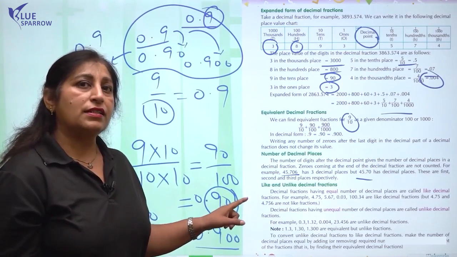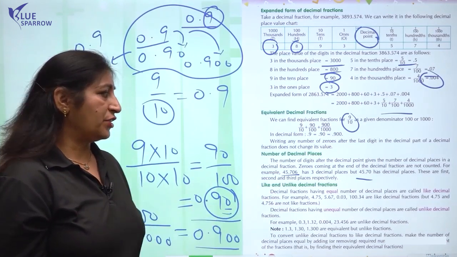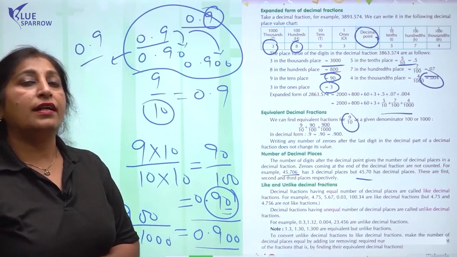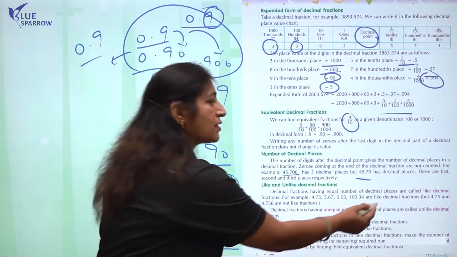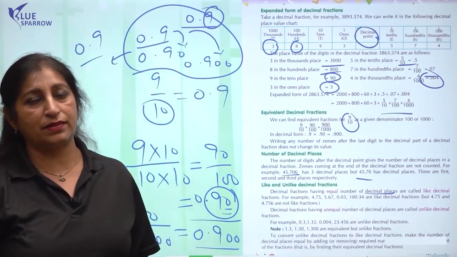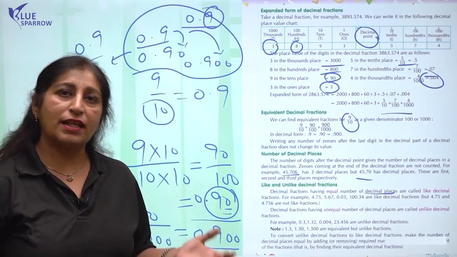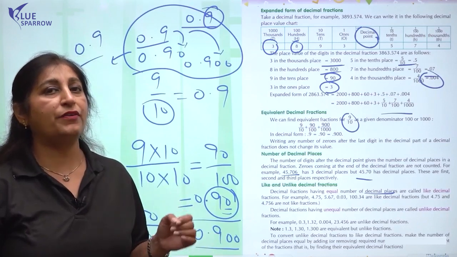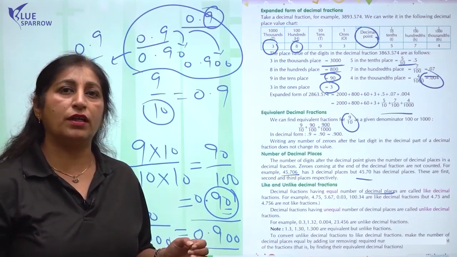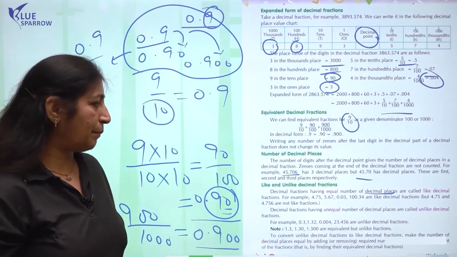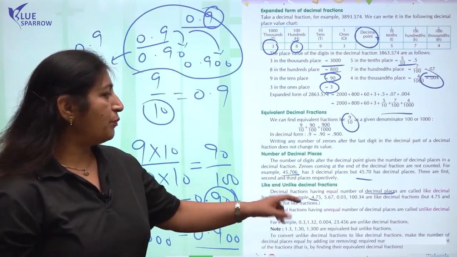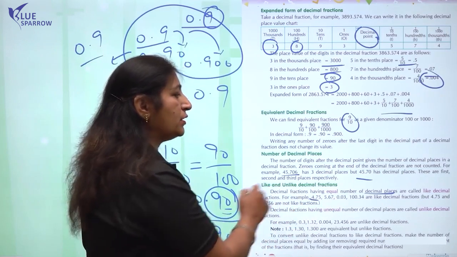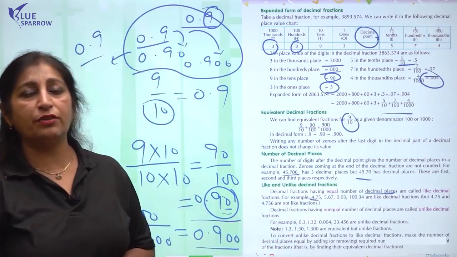Now let's discuss like and unlike decimal fractions. Decimal fractions having an equal number of decimal places are called like decimal fractions, whether the digits are the same or not. For example, consider 4.75 and 5.67, 0.03 and 100.34.